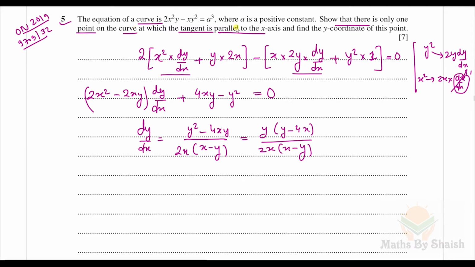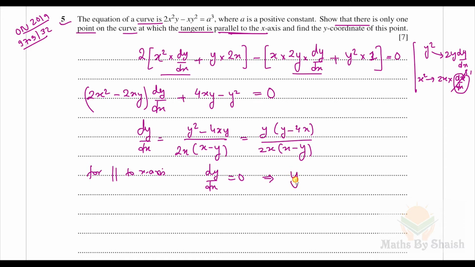For the tangent parallel to the x axis, the slope is 0, which means dy/dx should be 0. The denominator cannot be 0, so only the numerator will make it equal to 0.